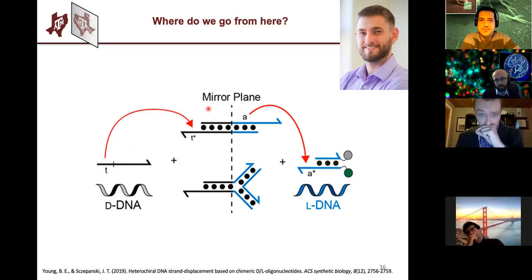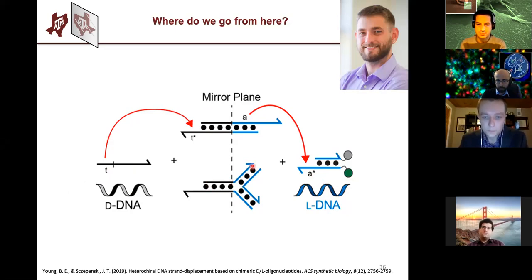This D DNA input will displace this chimeric LD-DNA output, but this L portion is now made to bind the reporter domain. And this is just basically another construct where the displacement of this strand here will allow this all L oligonucleotide to go on to interact with the reporter.